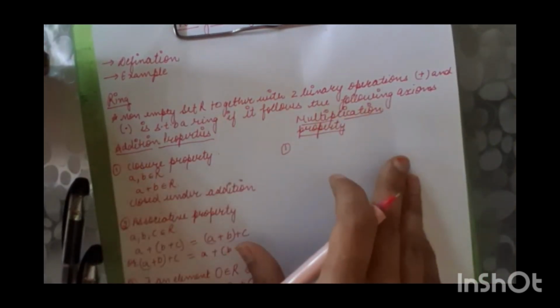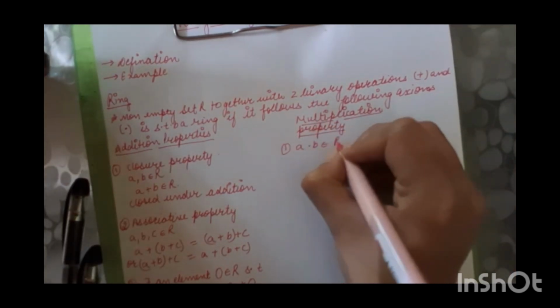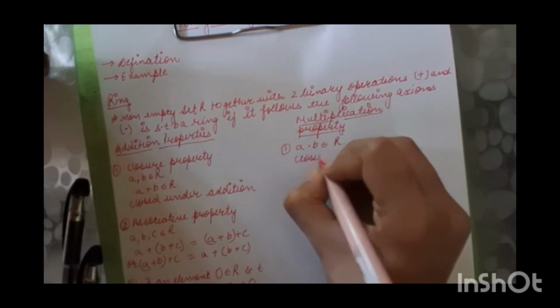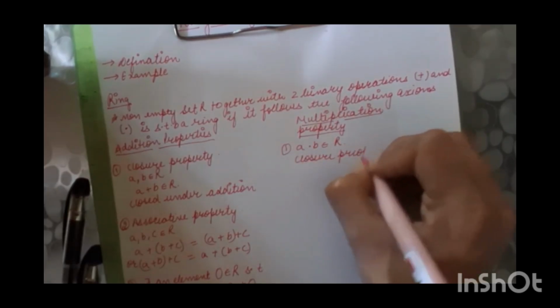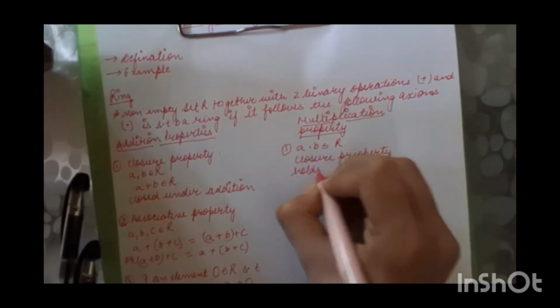The first one, likewise for addition, is closure. So a dot b belongs to R. So we say that the closure property holds here.